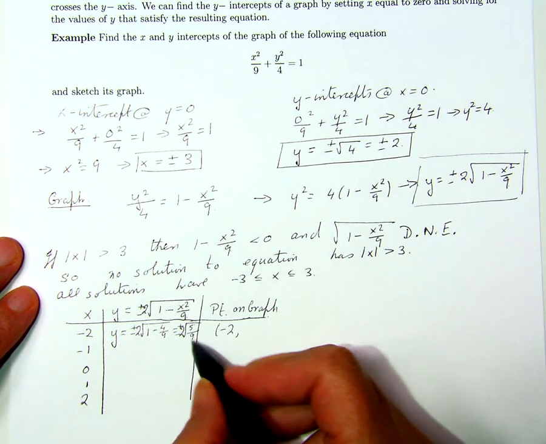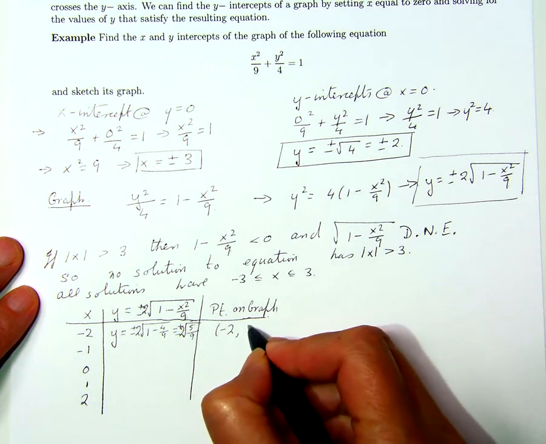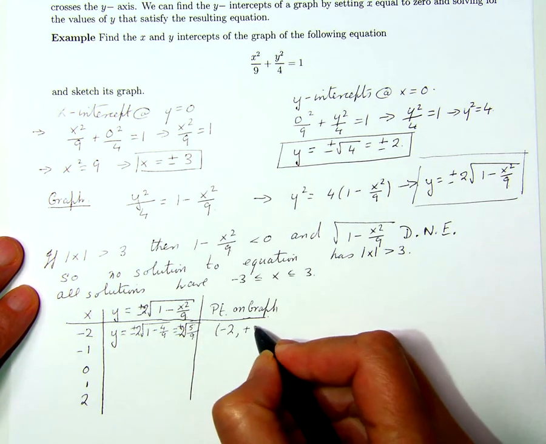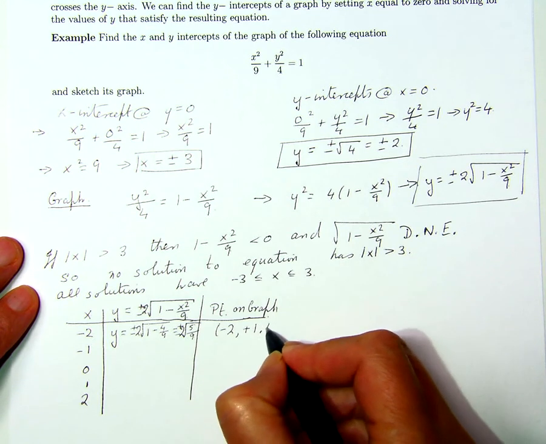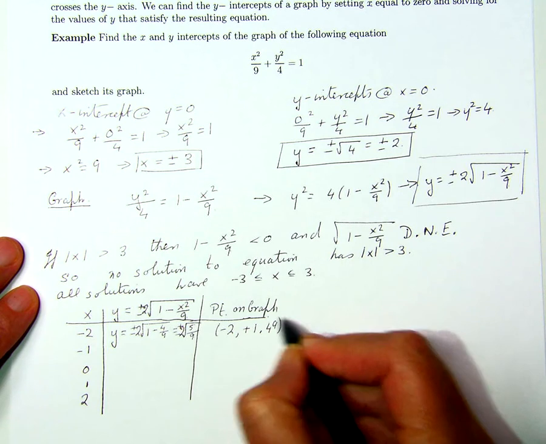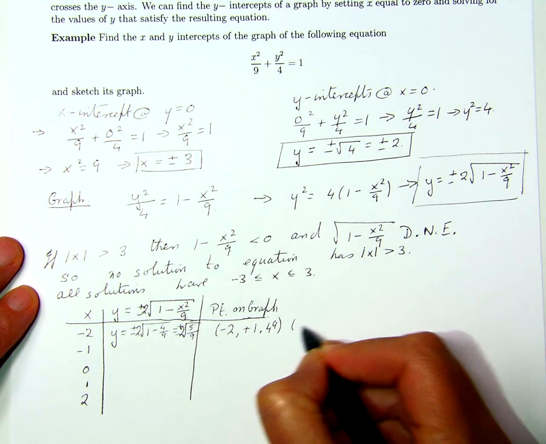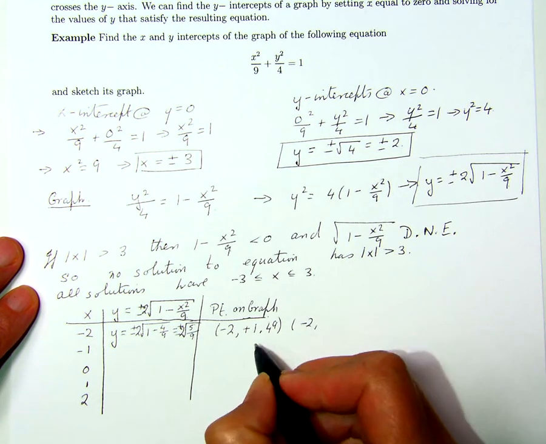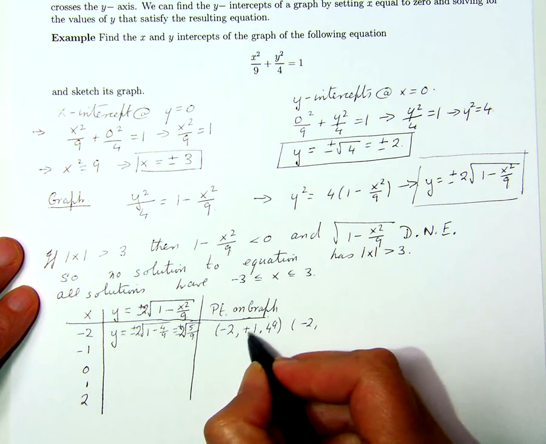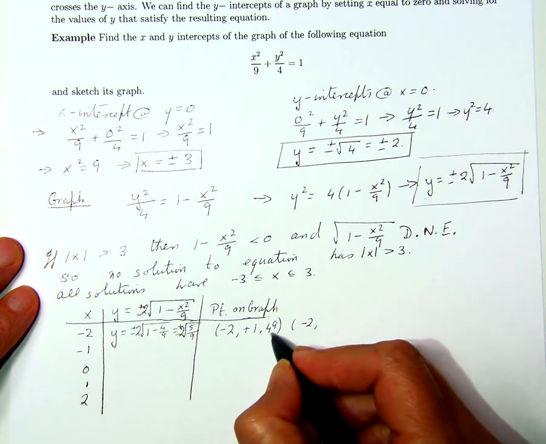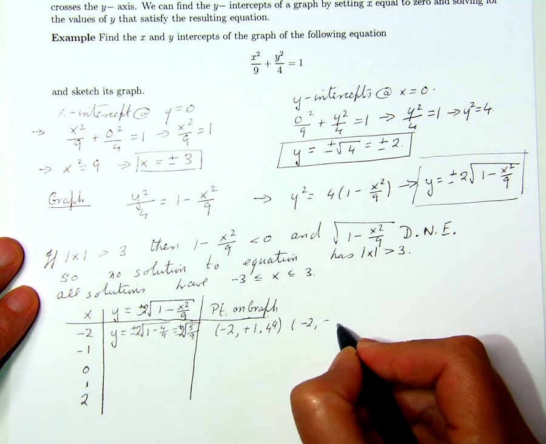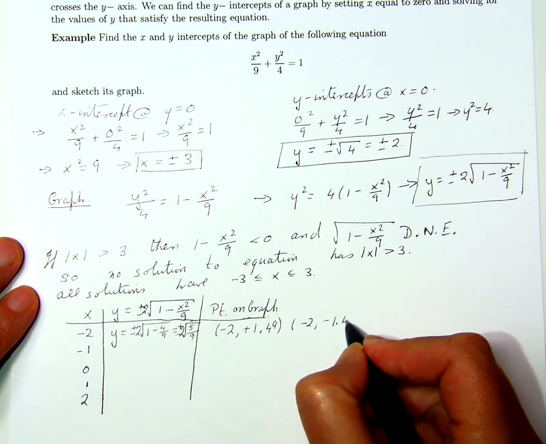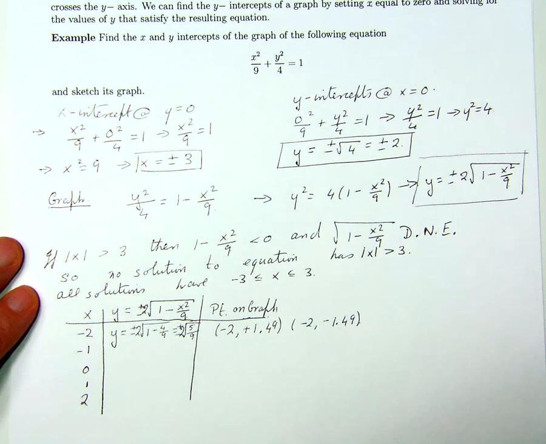And so I check this out in the calculator, and this is plus or minus 1.49 roughly, approximately 1.49. So I actually have 2 points in the graph here. Negative 2 with the y value 1.49 gives me a solution, or approximately 1.49, and negative 2 with negative 1.49 also gives me a solution.